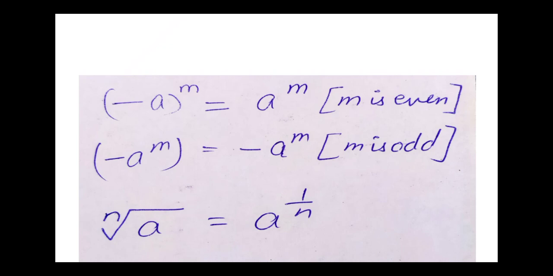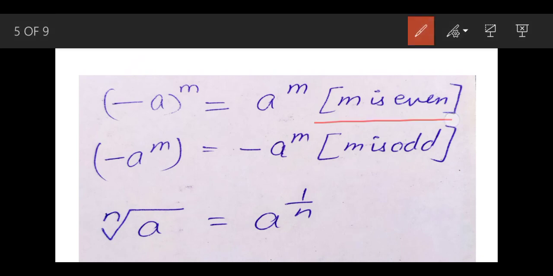If we have a minus number as the base, then minus of a to the power m will be a to the power m, with the condition that m should be even. If m is even, then minus of a to the power m will be equal to a to the power m.